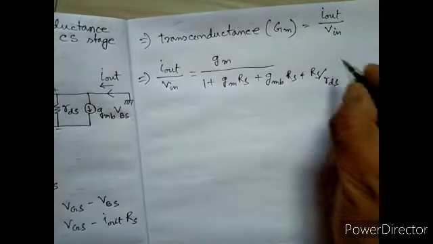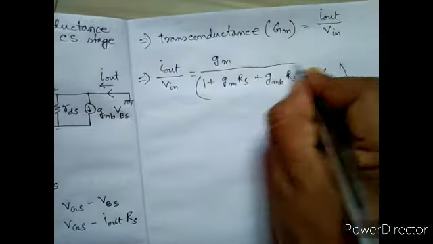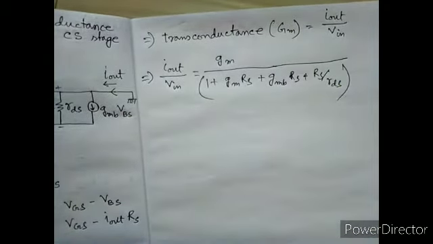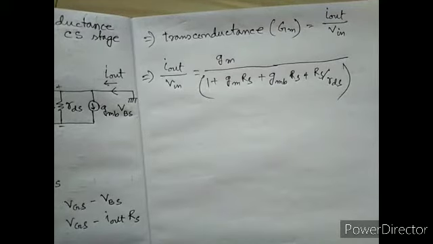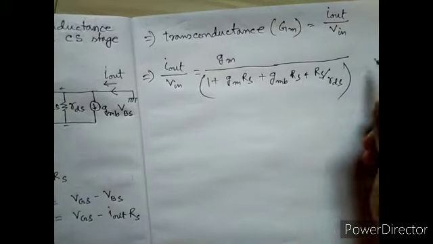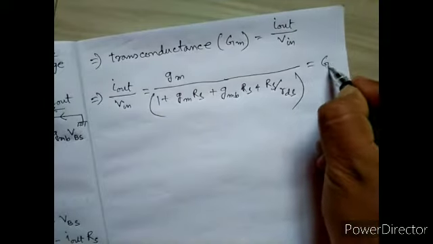So this is the final GM by 1 plus GMRS plus GMBRS plus RS by RDS, the final transconductance equals to GM.